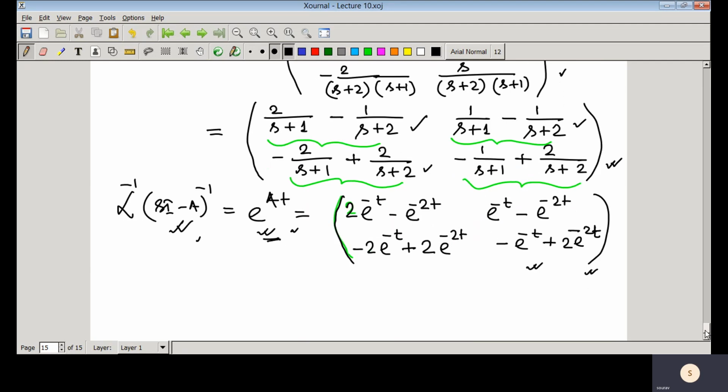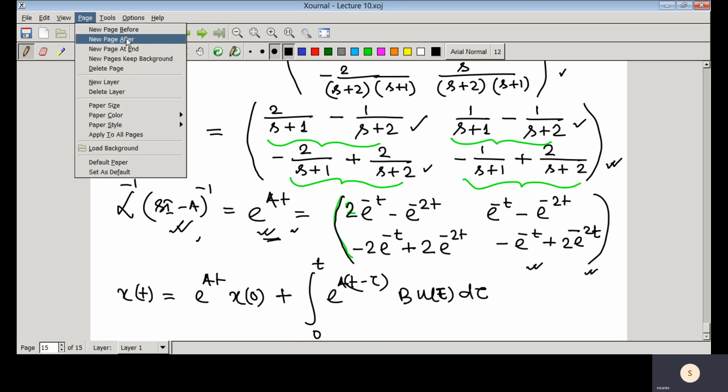Now, for the state equation, x(t) equals e to the power At into x(0) plus the integral from 0 to t of e to the power A(t minus tau) B u(tau) d tau.